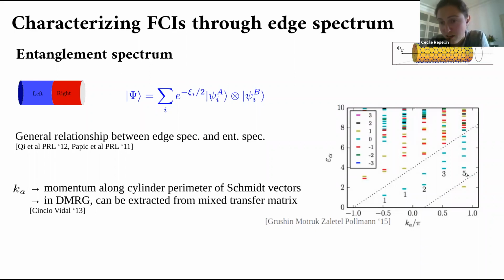Note that since we have a finite length along the cylinder perimeter, we only have a finite number of values of k. Here there were 1, 2, 3, 4, 5, 6 unit cells in total.